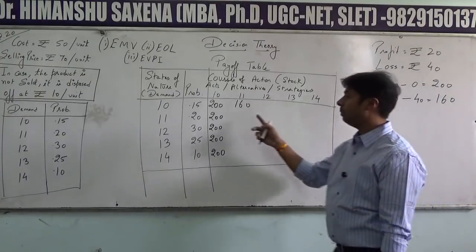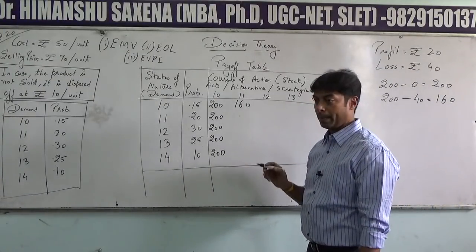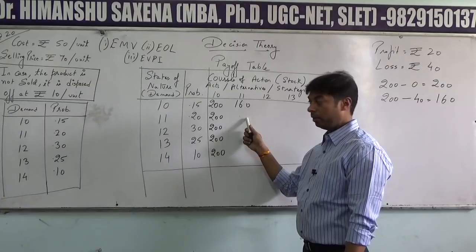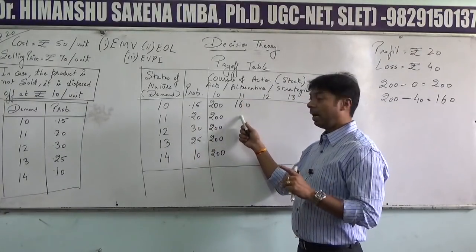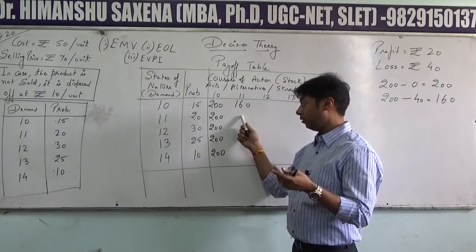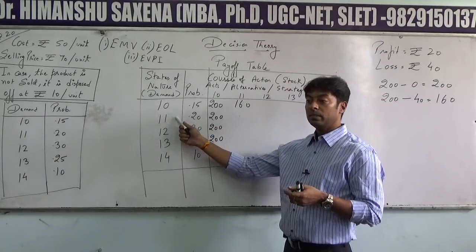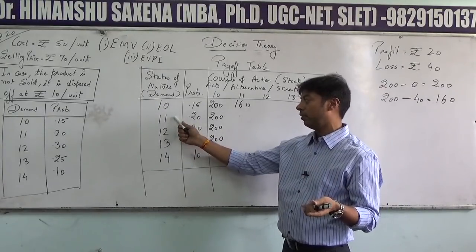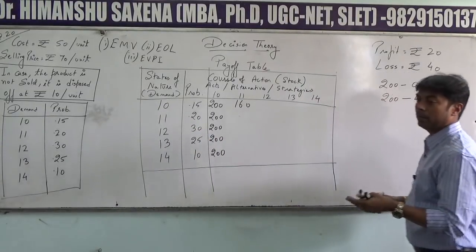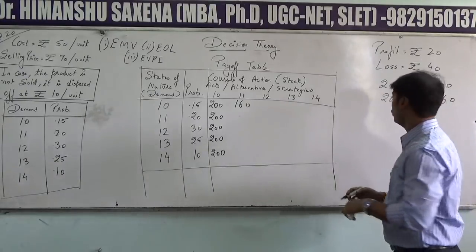Look at the second one. 11 is the stock and 11 is the demand. Now you have 11 units in your stock and the customer is saying that I need to purchase only 11 units from you. So what will happen? All the 11 units will be sold off.